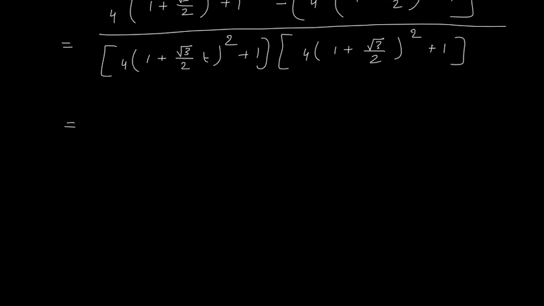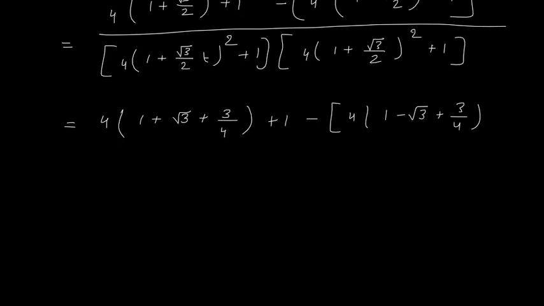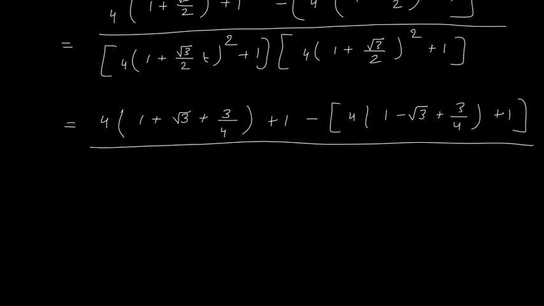It will become 4 into, we have 1 plus 2 into ab, so root 3 plus 3 divided by 4, plus 1, minus, here it is 4 into 1 minus root 3 plus 3 divided by 4 plus 1, and whole divided by denominator.